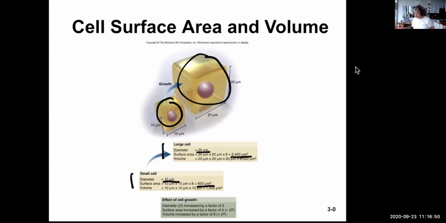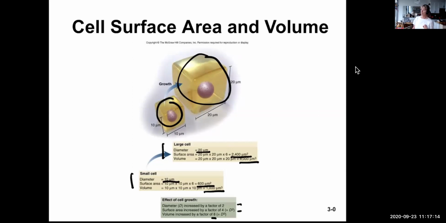And the volume has gone from 1,000 micrometers to 8,000 micrometers. So which has grown the most is the volume. The volume increased by 8, the surface area only by 4, when the diameter increased by 2. So it's a crucial ratio, the ratio of surface area to volume.